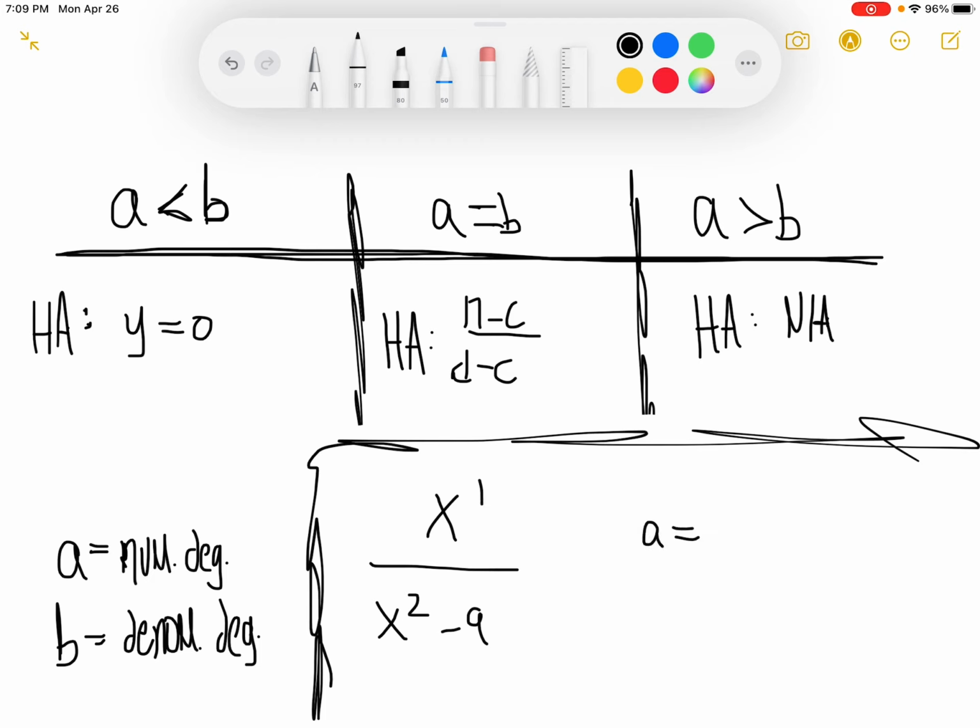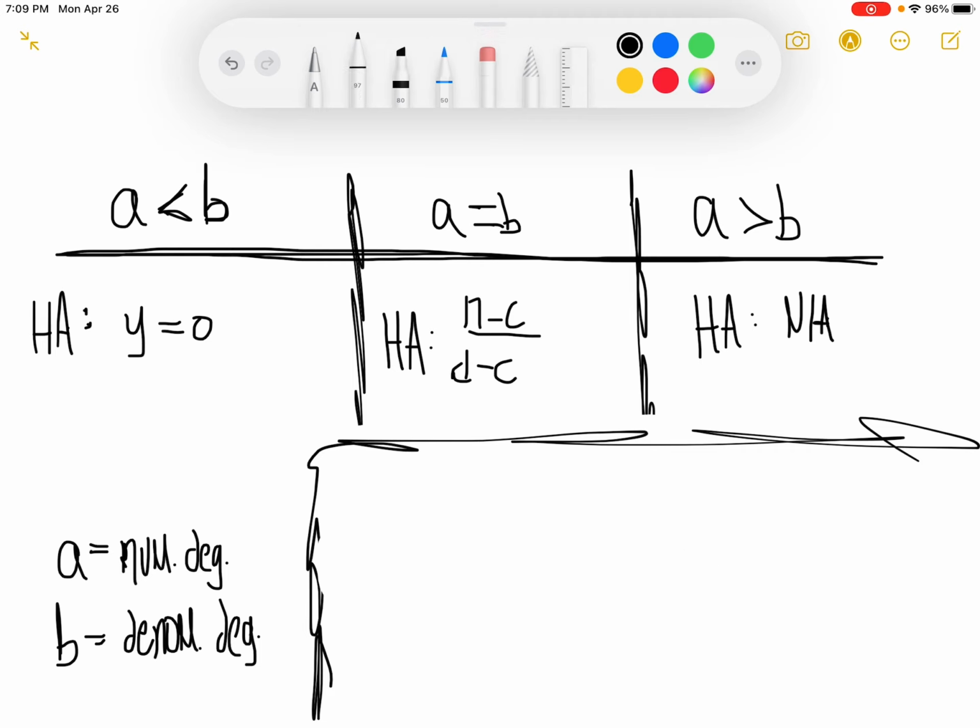There's no exponent shown there, so that means it's 1. And the denominator degree is 2. So B is greater than A, or A is less than B. That means the horizontal asymptote of this rational function is y equals 0. Okay, let's look at a different example.